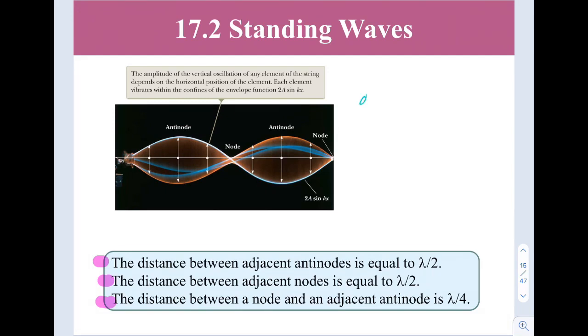So in simple terms, the distance between adjacent antinodes is half lambda, the distance between adjacent nodes is also half lambda, and the distance between an adjacent antinode and node is 1/4 of lambda. This is similar in meaning to this.